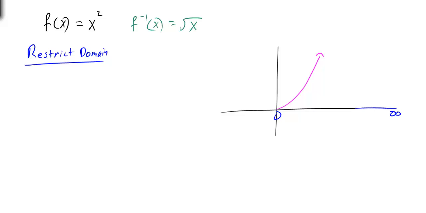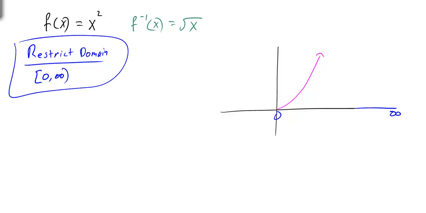If we restrict our domain to 0 to infinity, or values of x that are greater than or equal to 0, we now have a one-to-one function. And if we look closely, the inverse function here is going to be the square root of x.